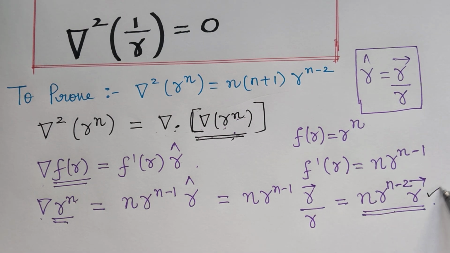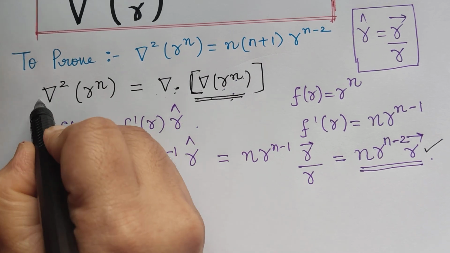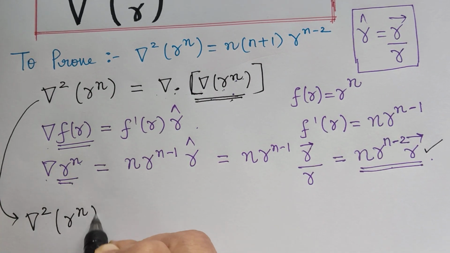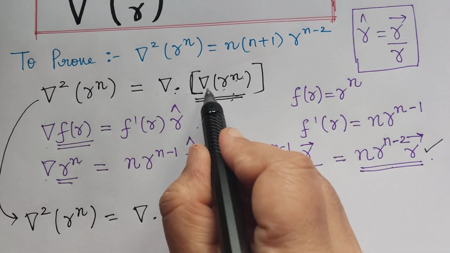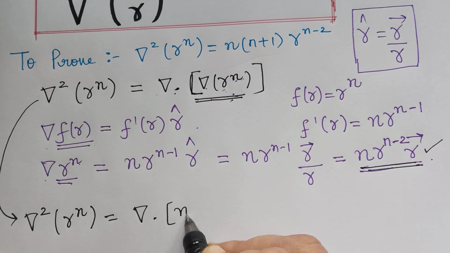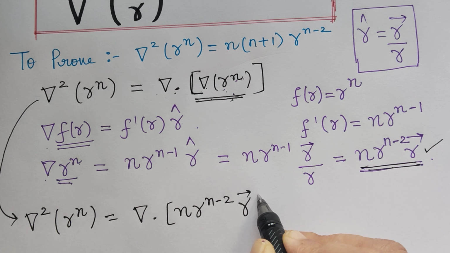Now we shall substitute this here. So nabla square of r to the power n is equal to nabla dot product with nabla r power n, which we have calculated as n r to the power n minus 2 r vector.